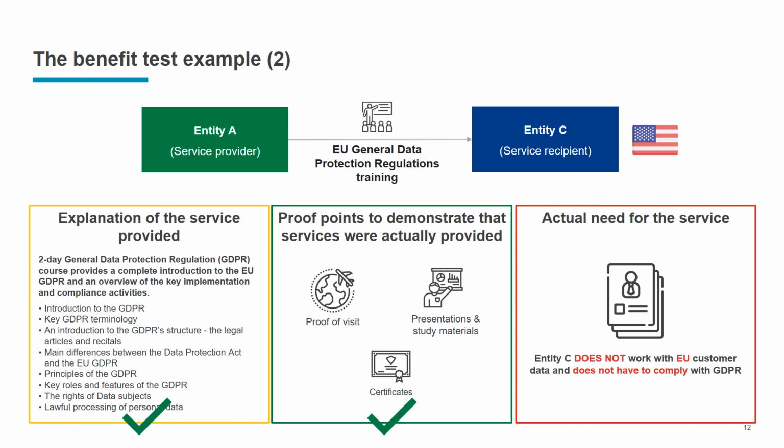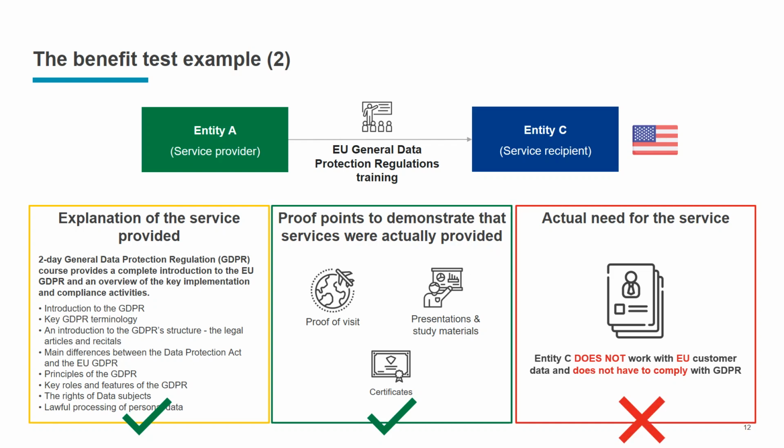Let's just take this assumption, which probably does not always work in our globalized world, for our purposes. So the conclusion would be that even though the service was actually provided, and we have a demonstration of benefits, proof points that the service was provided, the service was not necessary for entity C, and that's why the benefit test is not passed.